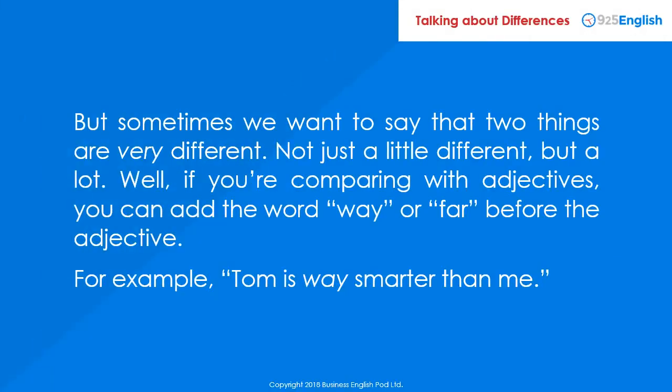But sometimes we want to say that two things are very different. Not just a little different, but a lot. Well, if you're comparing with adjectives, you can add the word way or far before the adjective. For example, Tom is way smarter than me.